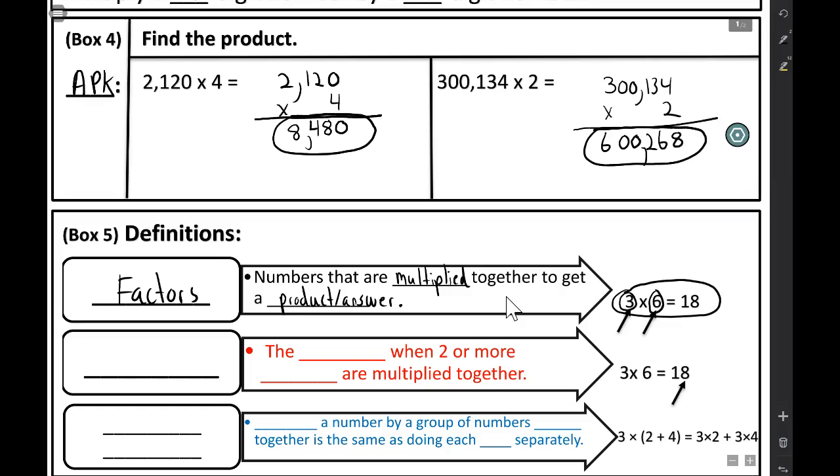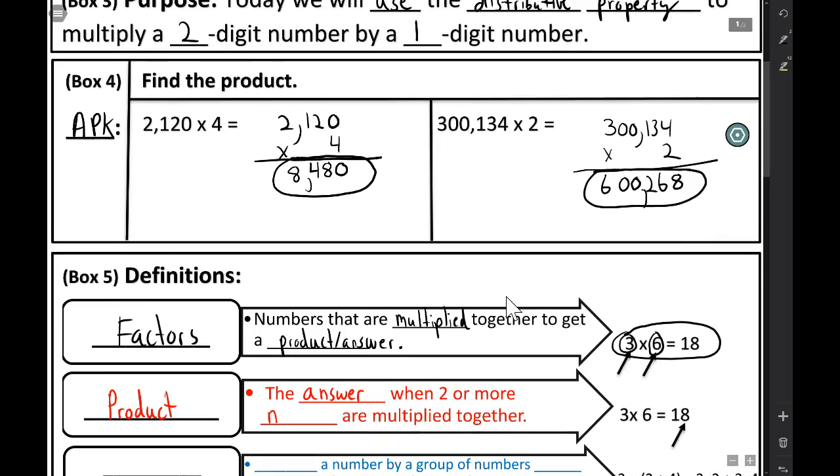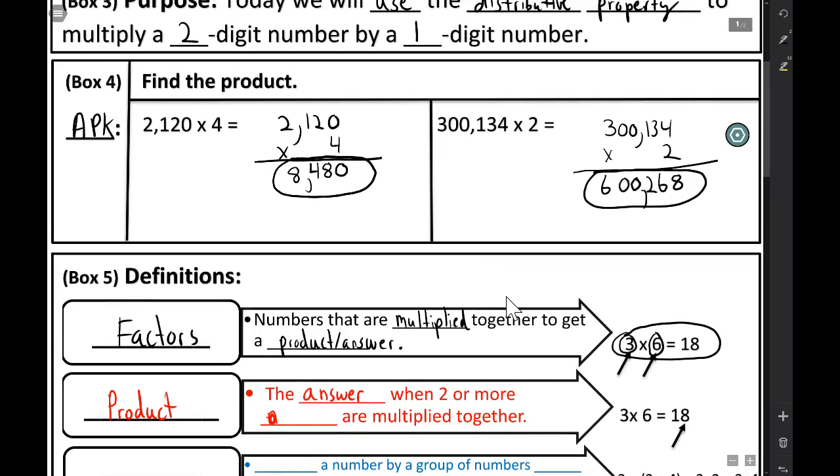Next vocabulary word is going to be product. Product: the answer when two or more factors are multiplied together.